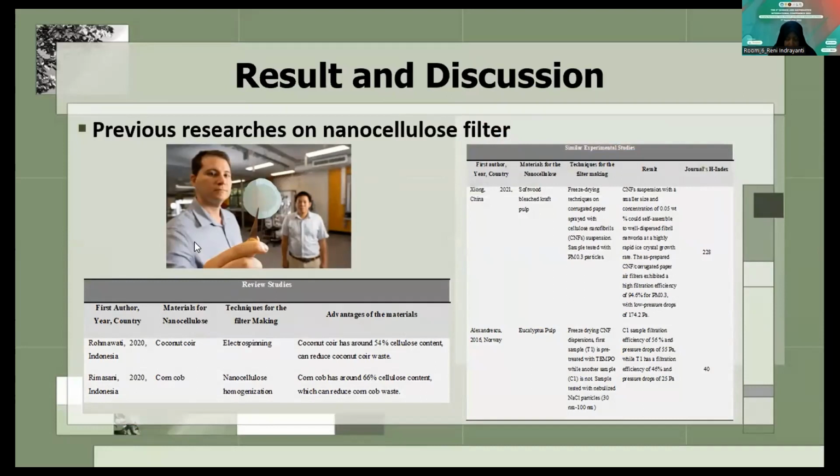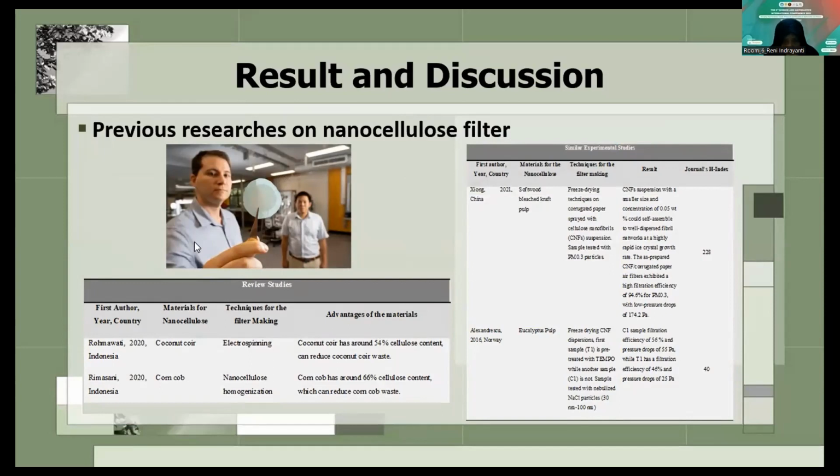In this table, we can see experimental studies for similar nanocellulose filters. The first one is conducted by Xiong in 2021, which exhibited that nanocellulose made from softwood bleached kraft pulp has a high filtration efficiency of 94.6% for 0.3 micron particles and low pressure drops.